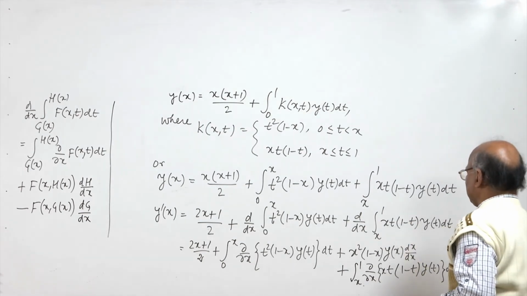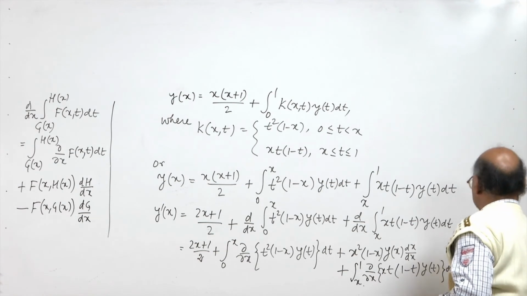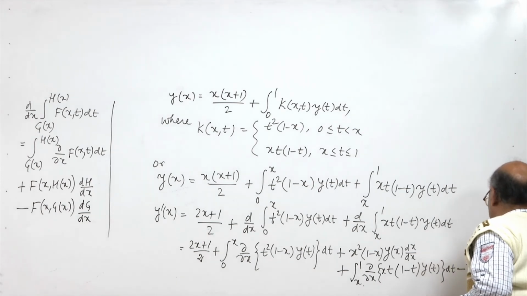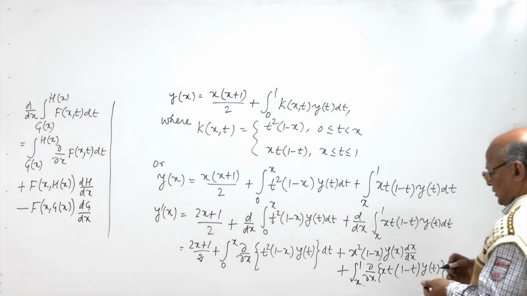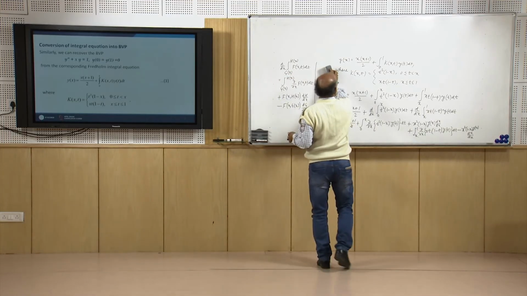So, we put t equal to x here. So, x square into 1 minus x into y by x into dx by dx. If you simplify this, what we get is this.